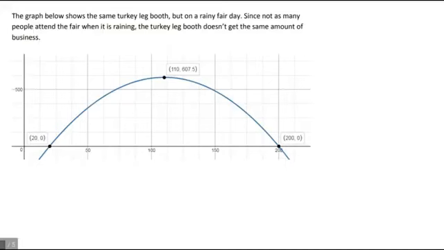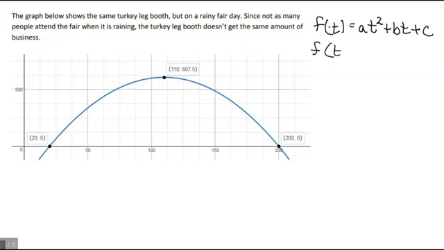So if you wanted to attempt to write the equation for this function, we can use some information that we already know. So if we start with the quadratic function, f of t equals a times t squared plus b times t plus c, and we fill in what we know.